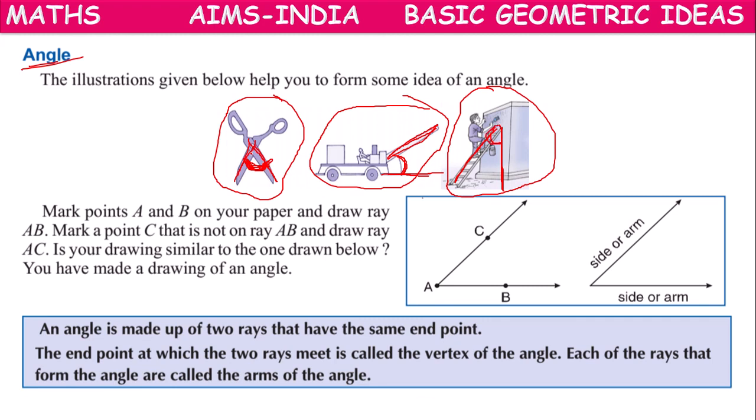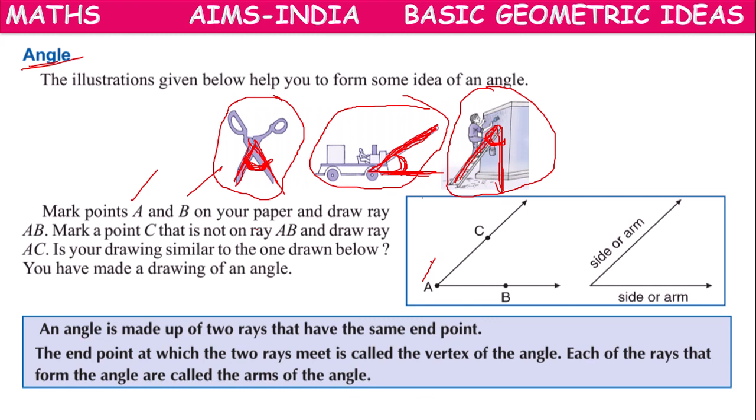If you observe all these illustrations, you come across two lines which are inclined to one another at some angle. Suppose you mark points A, B on your paper.